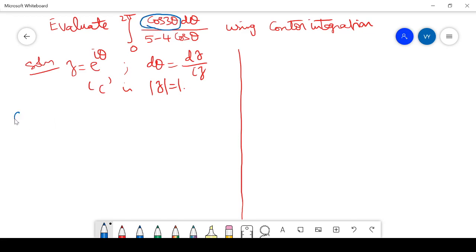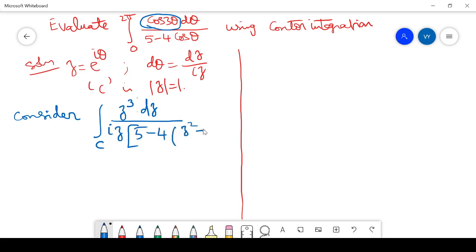Instead of rewriting this cos 3 theta in terms of z, I will consider z cube, because here I have cos 3 theta. d theta will be dz by iz, and this will be 5 minus 4 into z squared plus 1 by 2z.